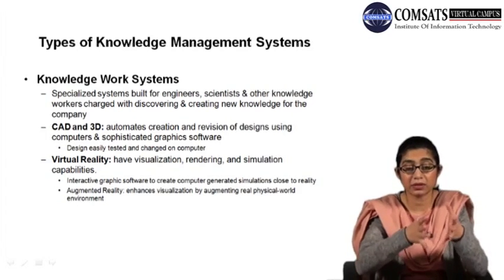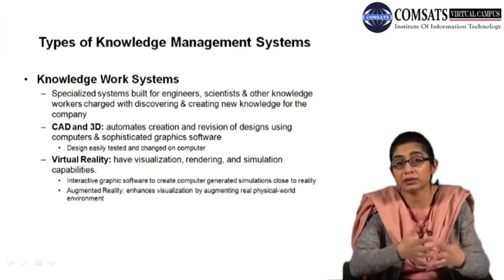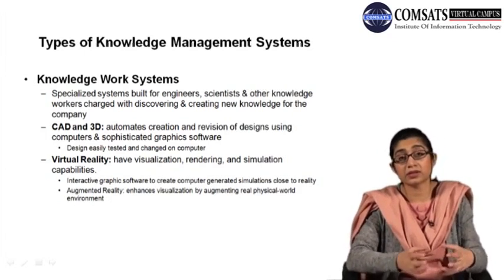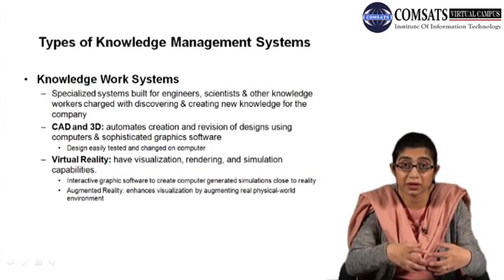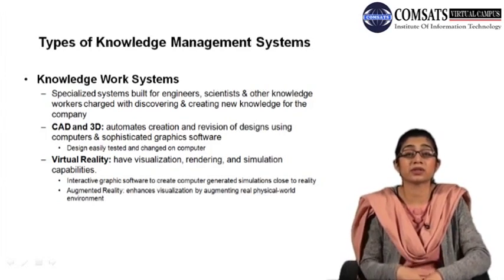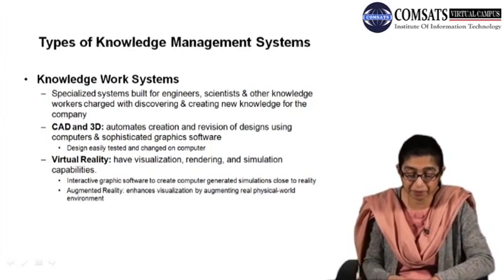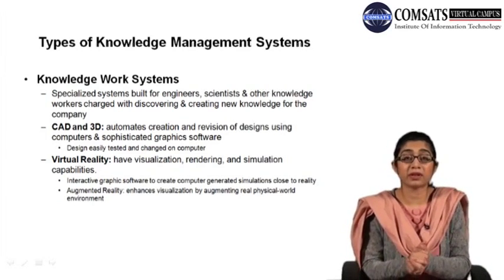So again, knowledge work systems are one of the types of the knowledge management systems that consists of specialized systems built for different professionals and knowledge workers that are specially associated with the distribution and creation of new knowledge for the company. So this is what we have done so far.